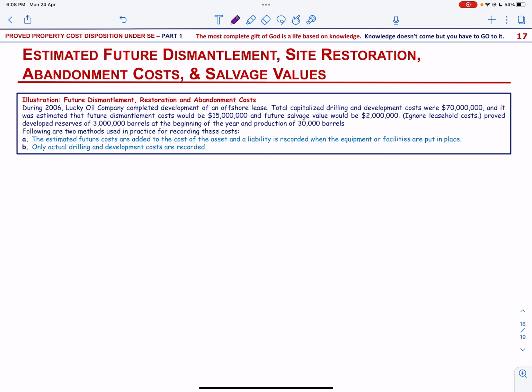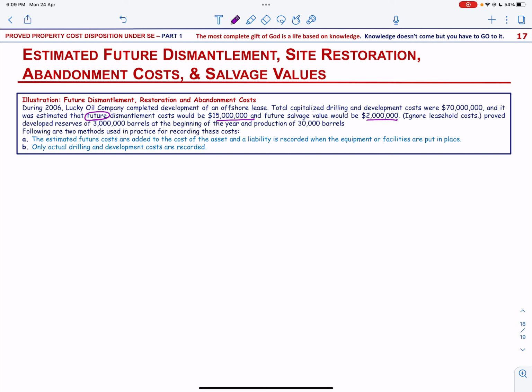Future dismantlement restoration. During 2006, Lucky Oil Company completed development of an offshore lease. Total capitalized drilling and development cost were 70 million, and it was estimated that future dismantlement cost would be 15 million and future salvage value would be 2 million.